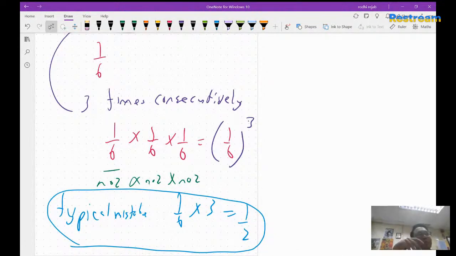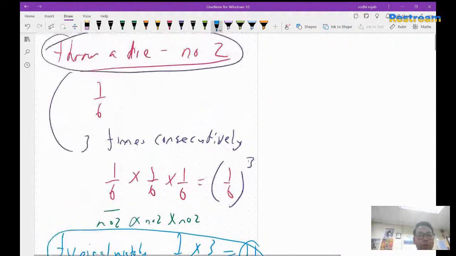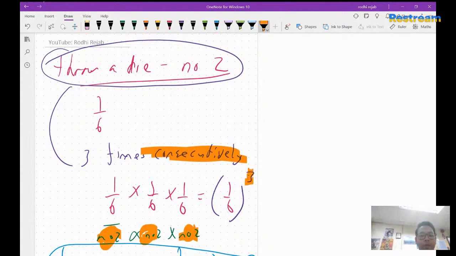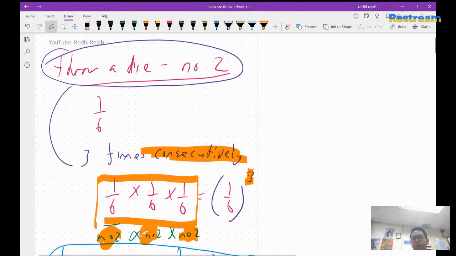To get 3 times number 6 in a row is far more difficult, and 1/2 is too big a number. I want you to understand the concept of consecutively here: we need to get number 2, then number 2 again, and then number 2 again. That's why there's a power of 3. I hope you get these concepts.